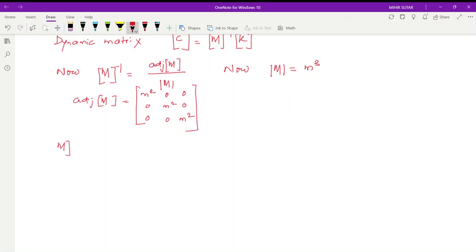So the inverse matrix of mass will be [1 by m 0 0; 0 1 by m 0; 0 0 1 by m].